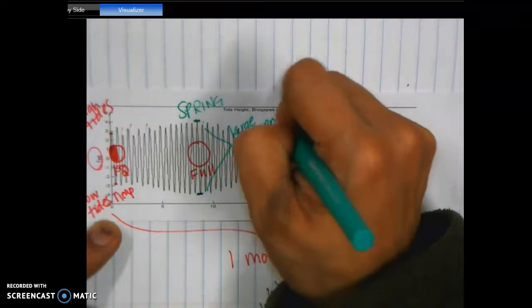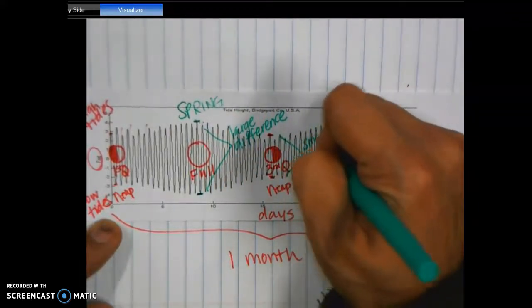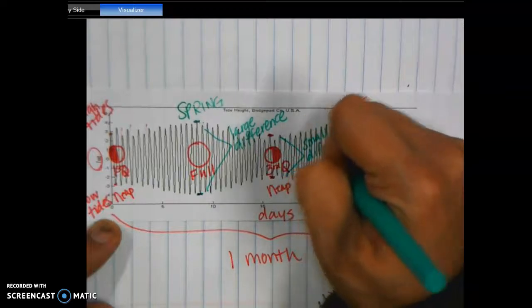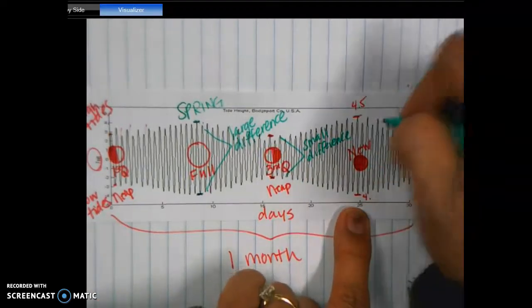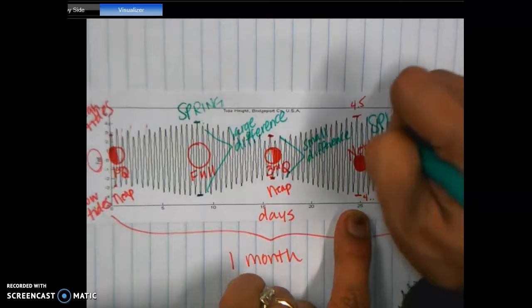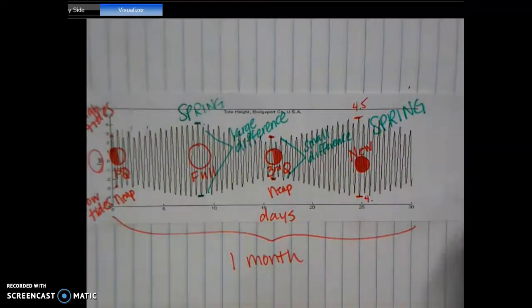And so that's important to know as well. Here you've got a very small difference between your high tide and your low tide. And then of course over here, this is also a spring tide. It is your new moon when it is in a nice straight line. Again, another large difference between your high and low tide.